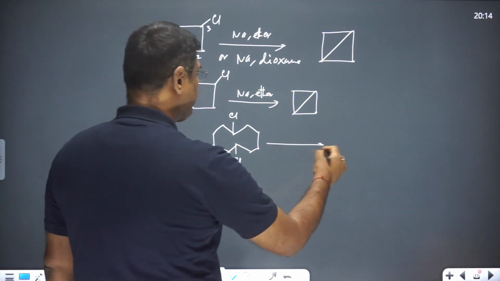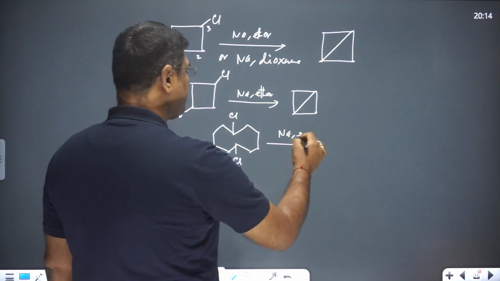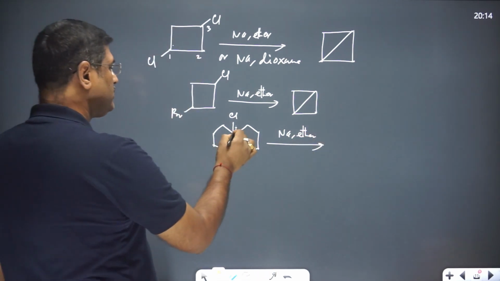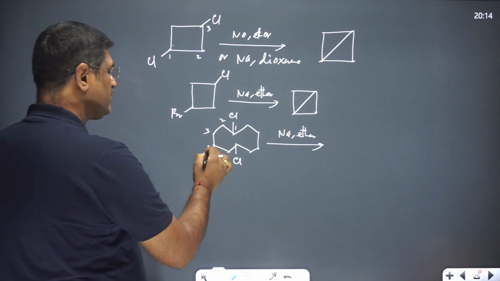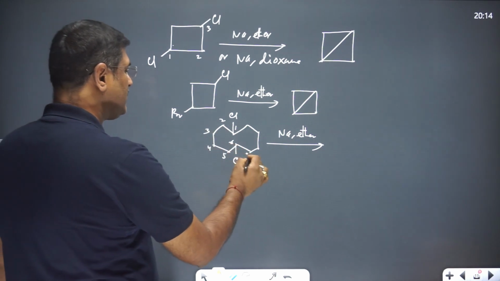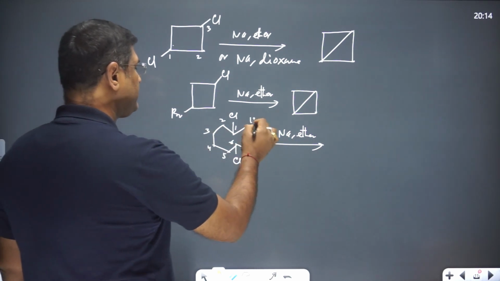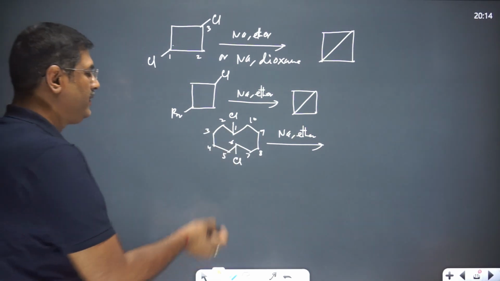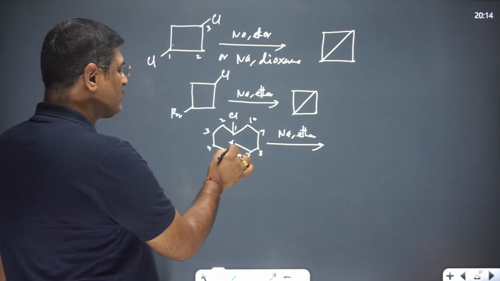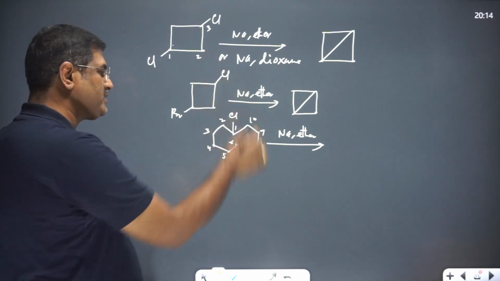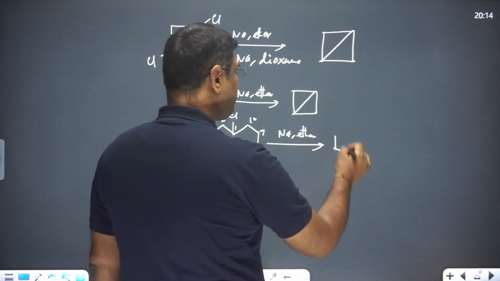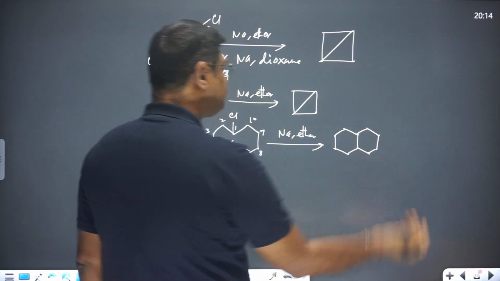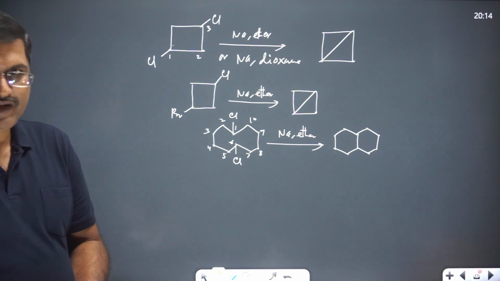If this kind of compound is treated with Na in the presence of ether, notice this one is 1, 2, 3, 4, 5, 6, 7, 8, 9, and 10. This is 1,6-dihalides, same thing. One Cl is lost, negative charge will form and move, and the other Cl is pushed out. The product is this kind of bicyclic compound.